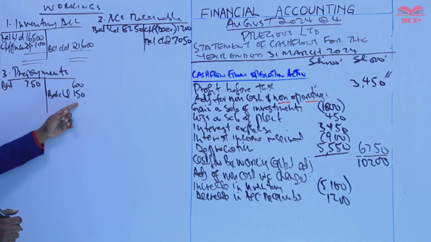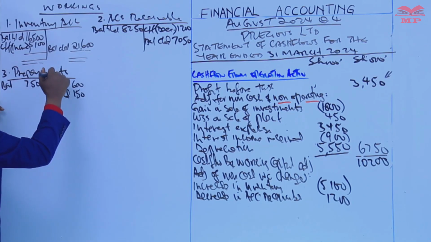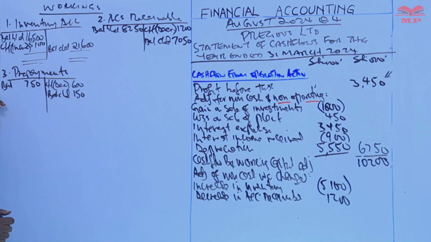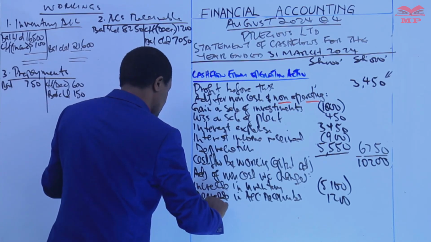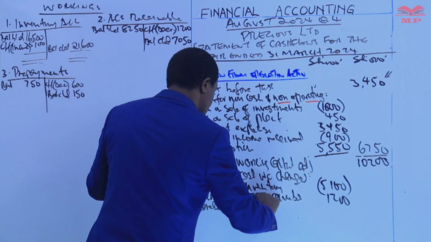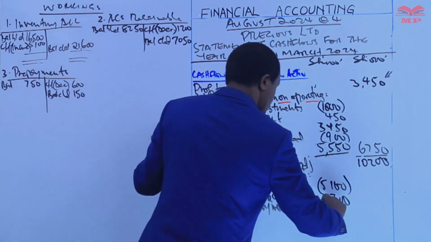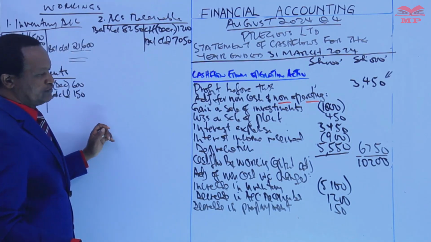Prepayments. Take this to the cash flow. This is a decrease in prepayments of 600. Is it a negative or a positive?